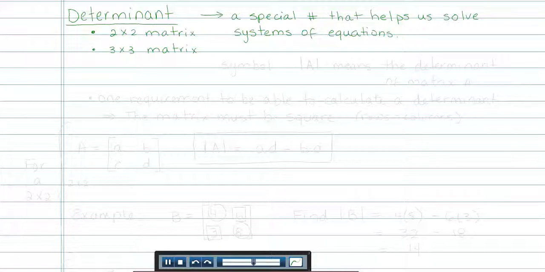The notation or the symbol that we're going to use is going to be this, and it's those absolute value bars. So you're going to calculate the determinant of matrix A. This symbol right here means the determinant of matrix A.